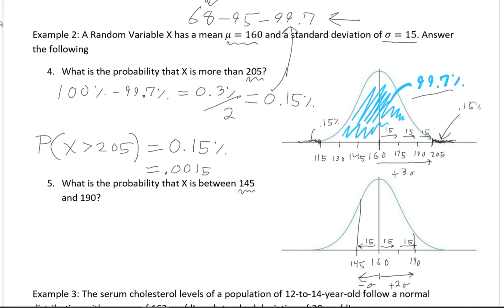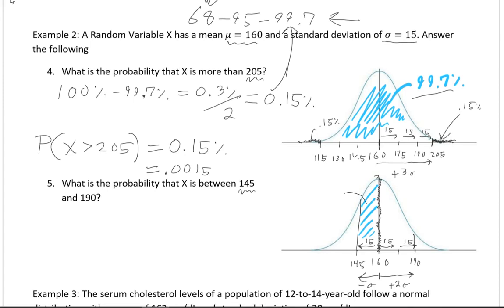The way that a lot of people work with this is keeping in mind that the data is symmetric. So if we cut this in half, we should be able to find the data in each of those pieces. If I look at the area here, from 145 to 160, that's 1 standard deviation, but I only want half of that.